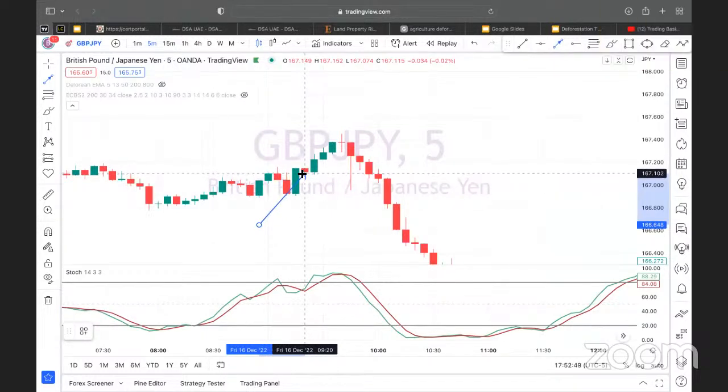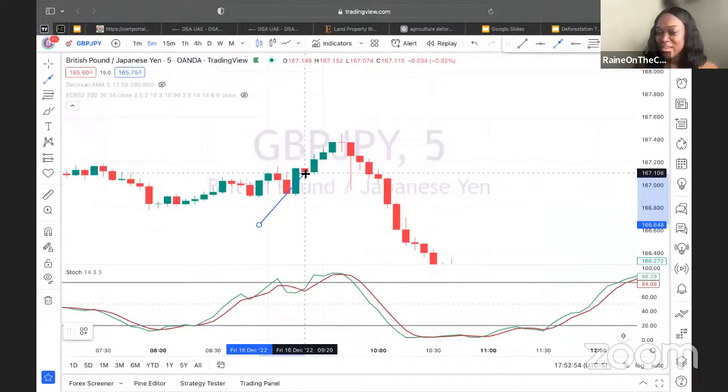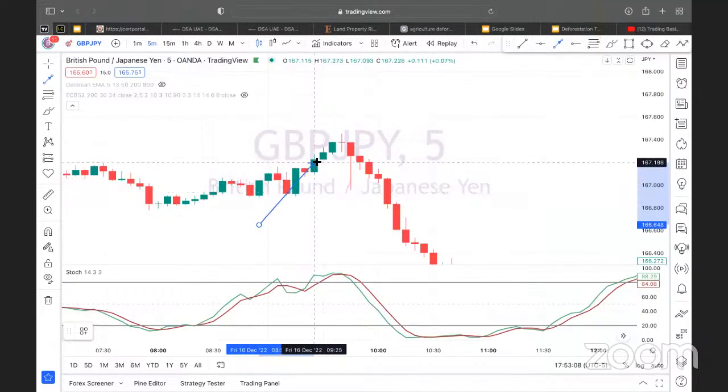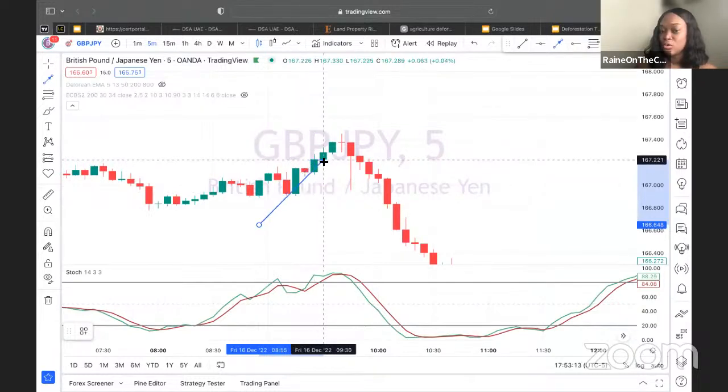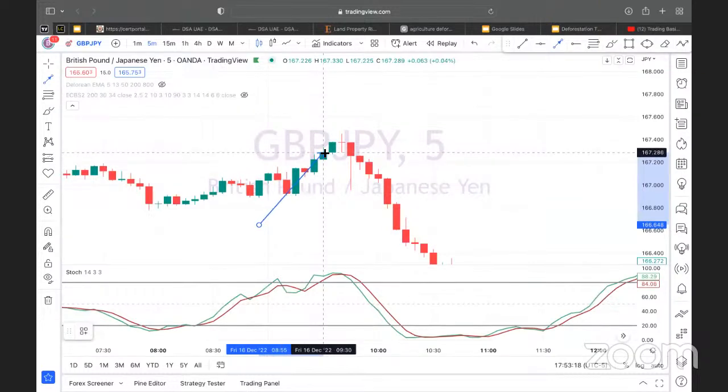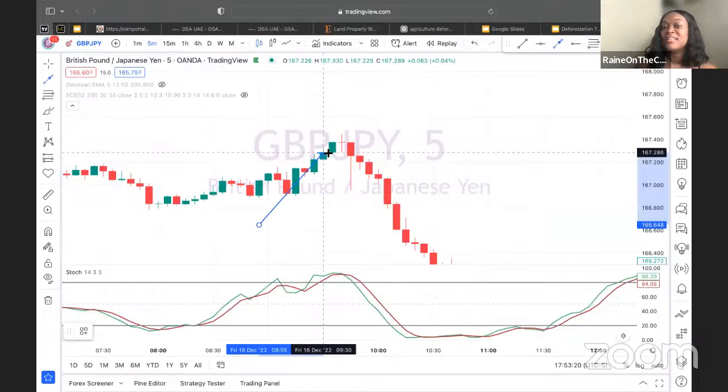So it closes at the base, and the next candle opens at the base of the previous candle. And it just keeps going like that. It closes here, so the next candle opens where it closed. It closes above, and the next candle opens where the previous candle closed.